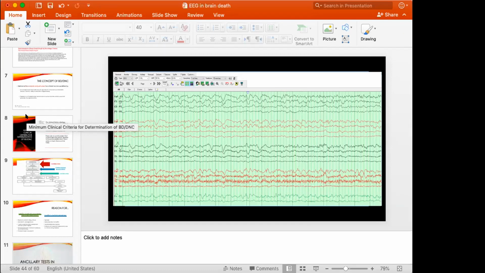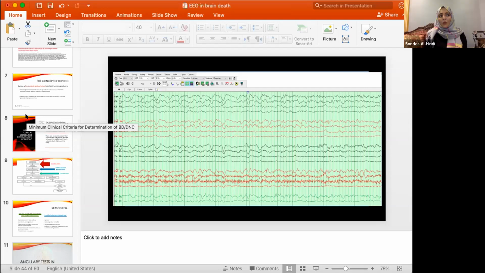The other question is the role of quantitative EEG in determining brain death. Why would you need a quantitative EEG in determining brain death? Quantitative EEG is, I think, more helpful when you're trying to detect underlying seizures.